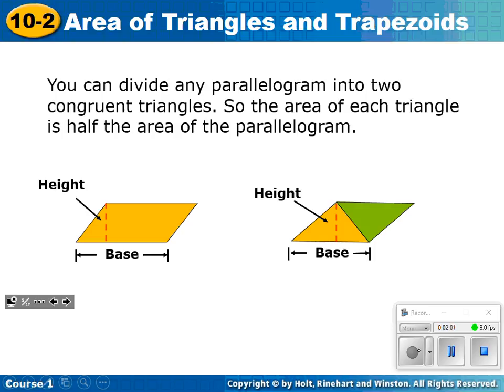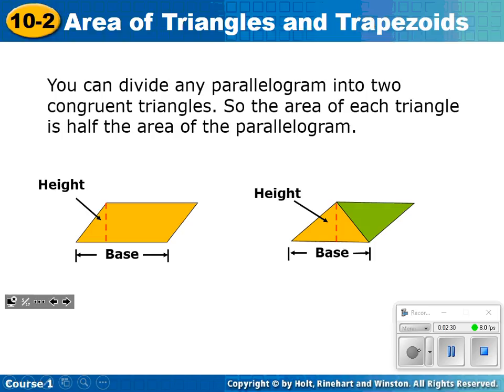To put it another way, if you took two triangles that are the exact same size and shape, that are congruent, you can put them together and it'll make a rectangle, or it'll make some sort of parallelogram. Okay? If you look at this, you have two triangles right here. They are congruent. You take them, you put them together, and it makes a parallelogram.